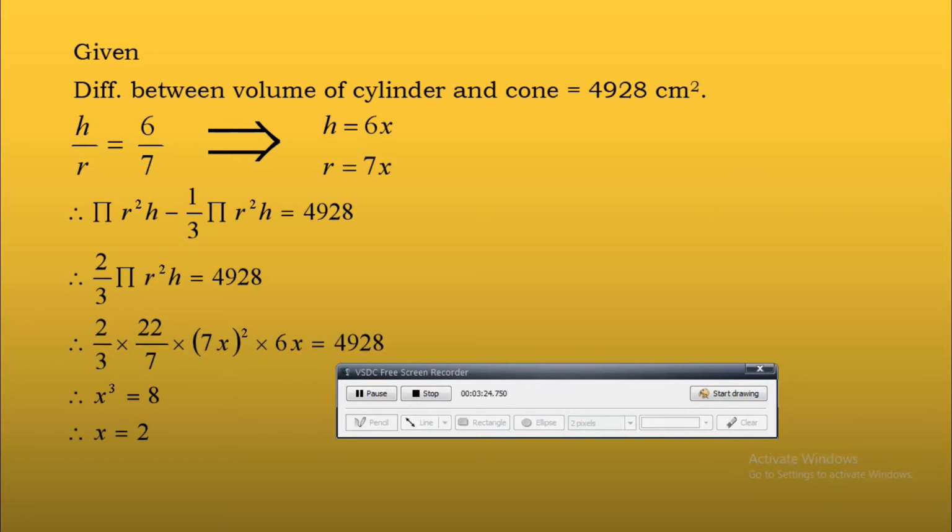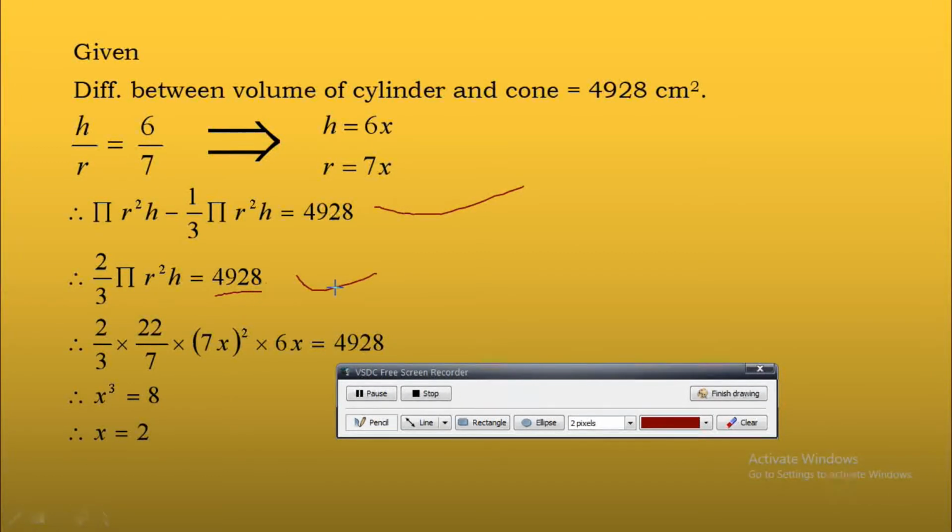Further, the equation becomes pi r square h minus 1/3 pi r square h is equal to 4928, which gives 2/3 pi r square h equals 4928.